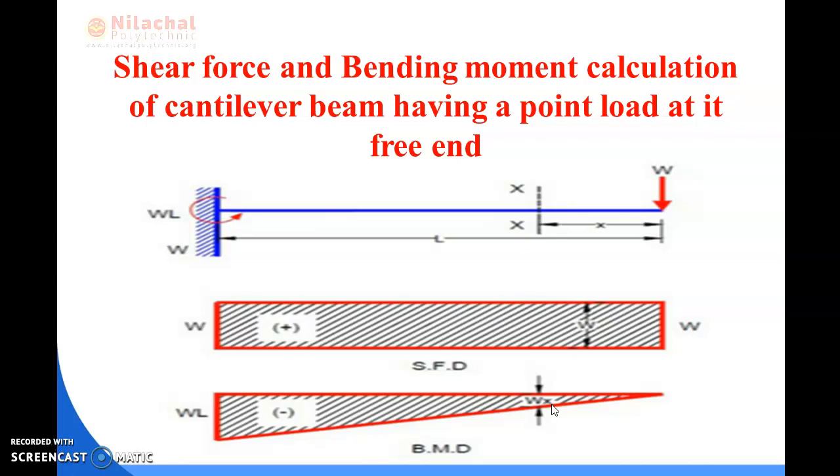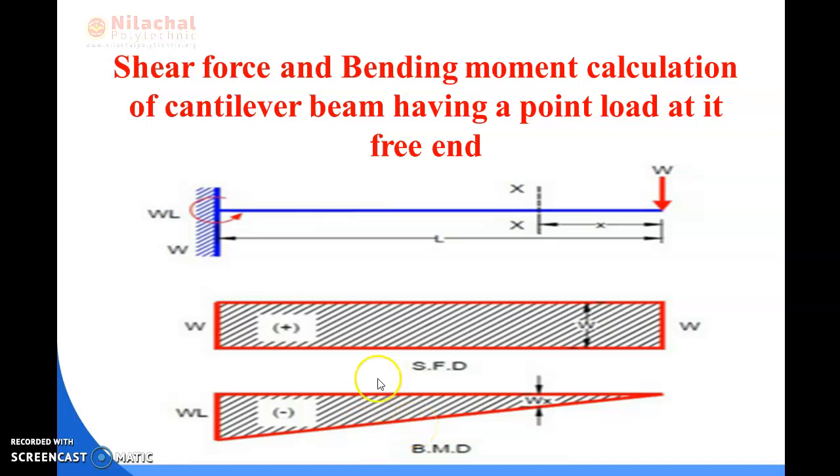So you can see we got a point here and another point here. Obviously your WL will be greater than the WX value, so we got the point over here. By joining all these points to the reference line, we got a triangular section of the bending moment diagram.